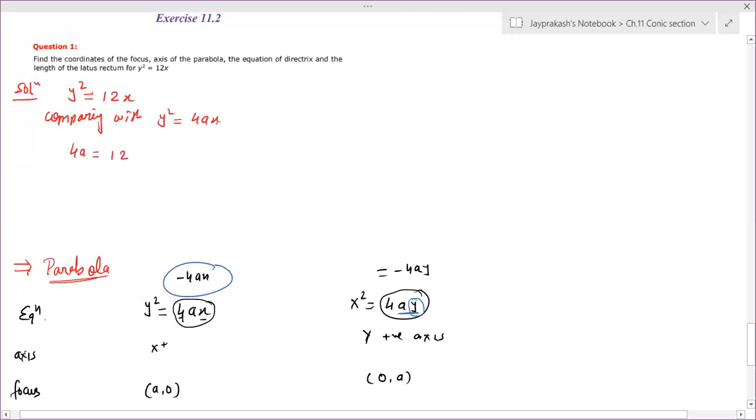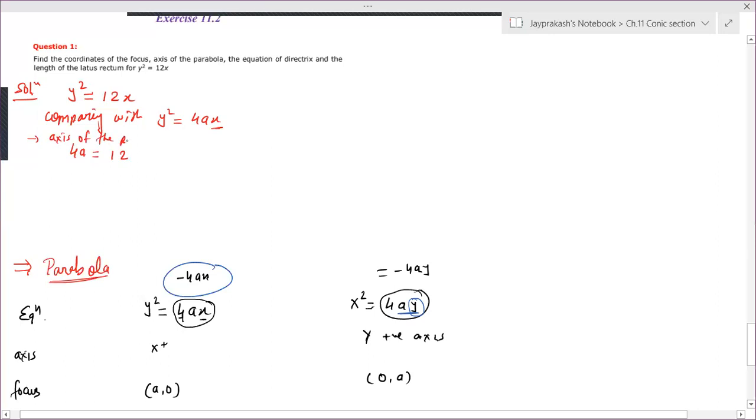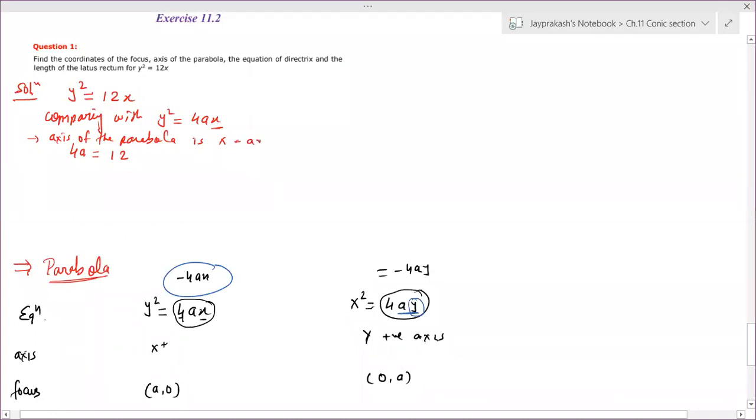Now the axis is the x-axis. So we can write directly axis of parabola is x-axis, or that is x positive axis. Now we have 4a is equals to 12, so a is equals to 3.